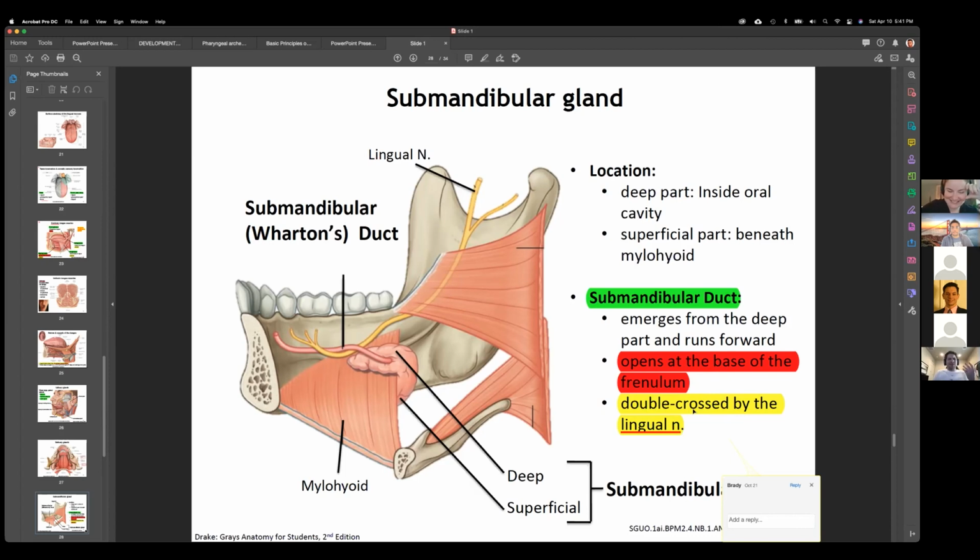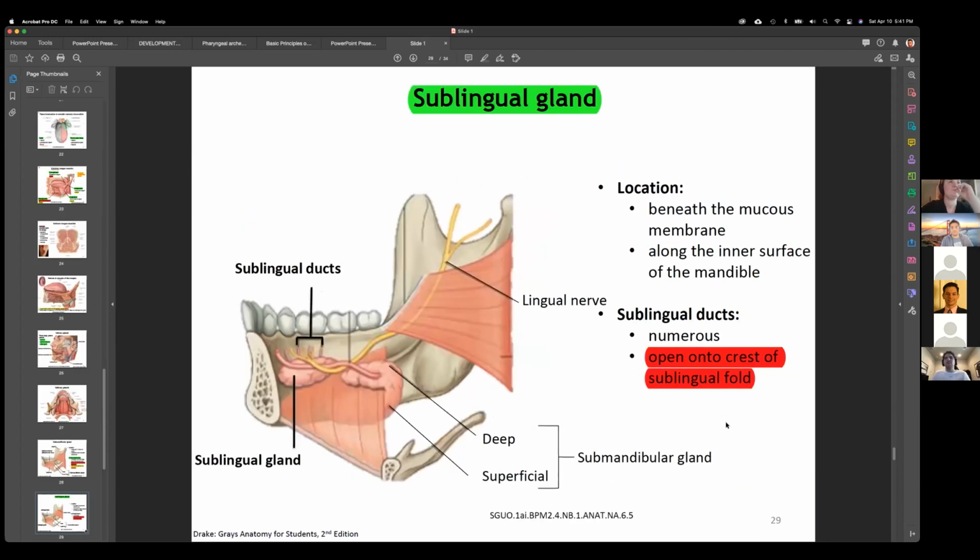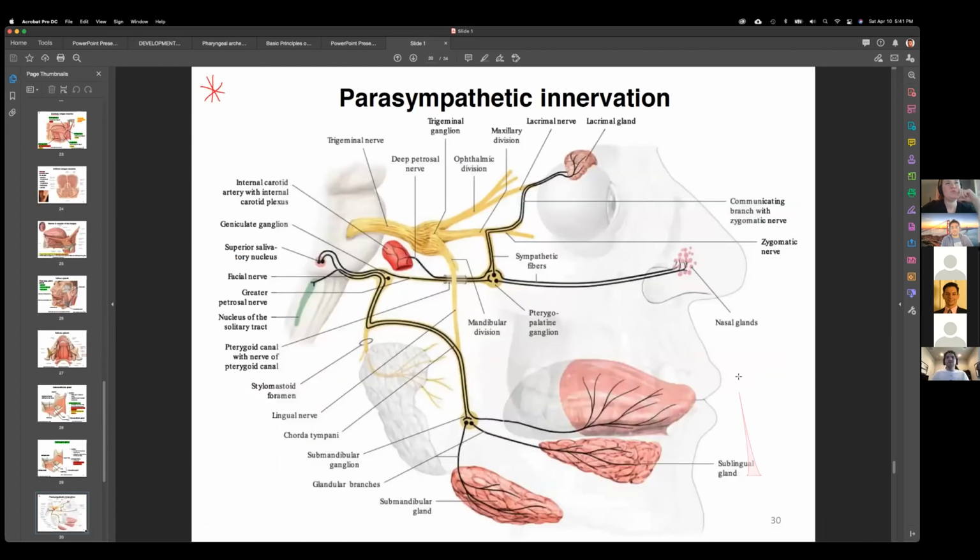So submandibular opens at the base of the frenulum, and it's crossed by the lingual nerve. So with any resection for a cancer or tumor in the submandibular duct, you're worried about the lingual nerve. And this is the sublingual fold, probably a little lateral to the frenulum. Great little image here.